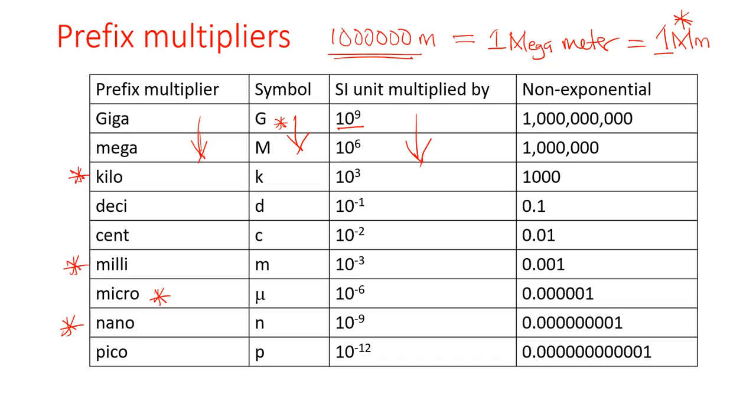This one is telling us that 1 micrometer is equal to 1 times 10 to the power negative 6 meters. So instead of using this, which is too cumbersome, you can just report it as this. So please study this, especially study this table. It is very important.